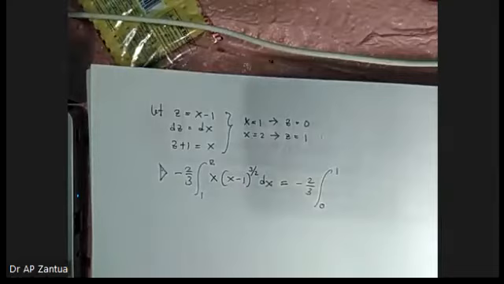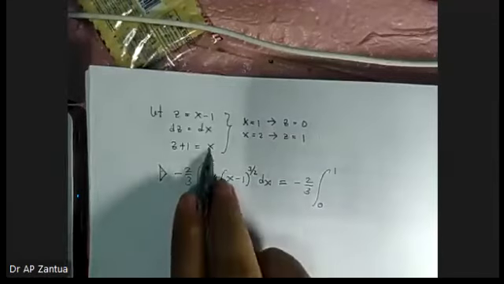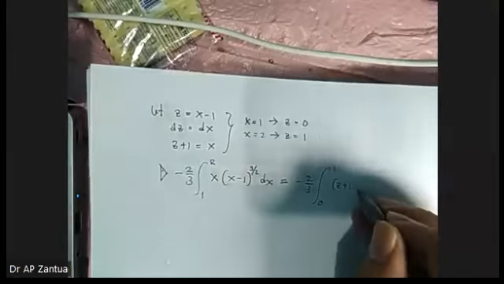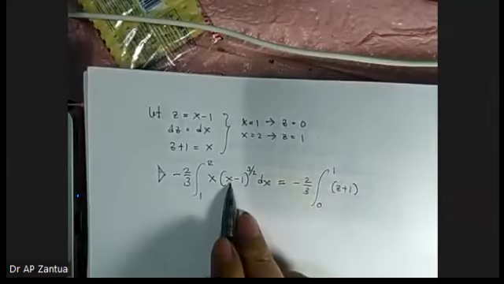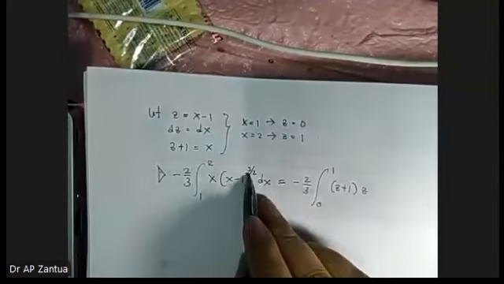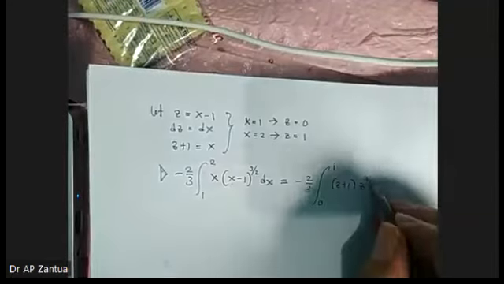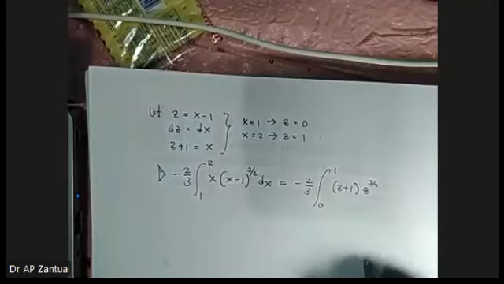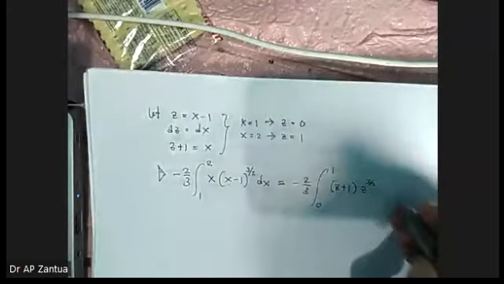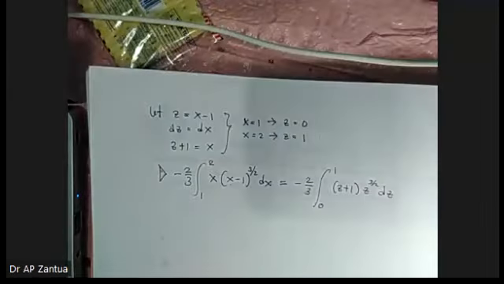And then x is equal to z plus 1. This is z plus 1. And then x minus 1 is z, that is z to the 3/2. And what is dx? dz.